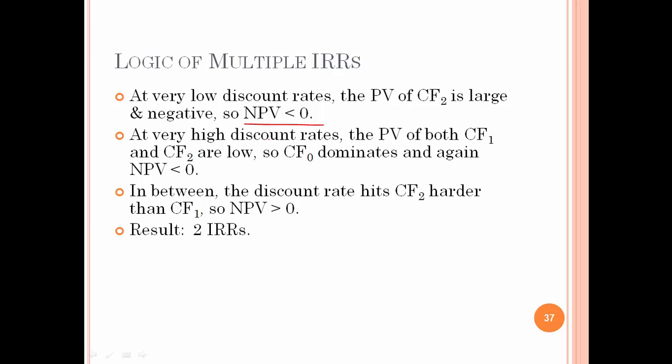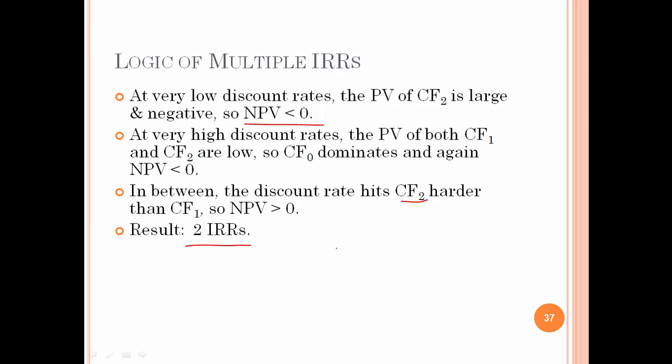And then at very high discount rates, the present value of both year 1 cash flow and year 2 cash flow are low, so the initial investment CF0 dominates, and again NPV is lower than 0. In between, the discount rate hits the second year cash flow harder than the first year cash flow, so you do have positive NPV. So the result is we do have two IRRs.